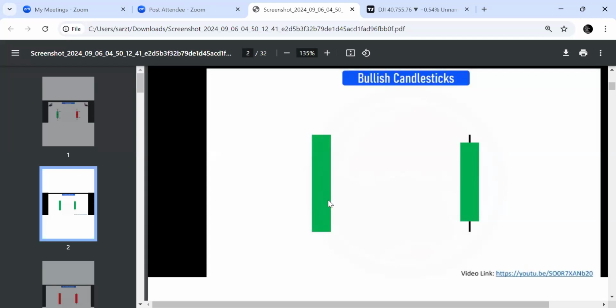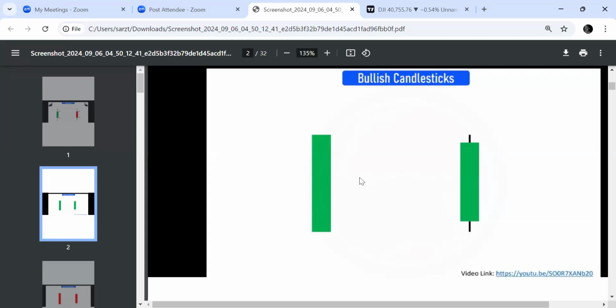In momentum candles, we had talked about Marubozu candlesticks. A Marubozu candlestick is a candlestick with a full body and no wick, which often indicates strong buying or selling momentum. For bullish Marubozu, we had talked about four conditions: if a bullish Marubozu forms when the market is up, it indicates confirmation.